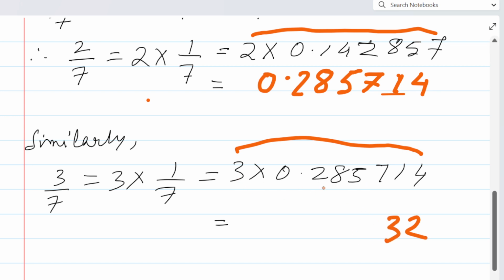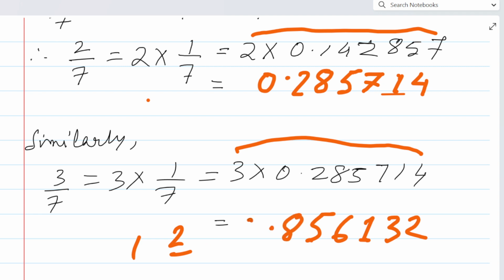Simple multiplication. 3 7s are 21, carry 1. 3 5s are 15, 16, carry 1. 3 8s are 24, 25, carry 2 now. 3 2s are 6, plus 2, 8. So this is my answer, 0.3 by 7, 0.4.